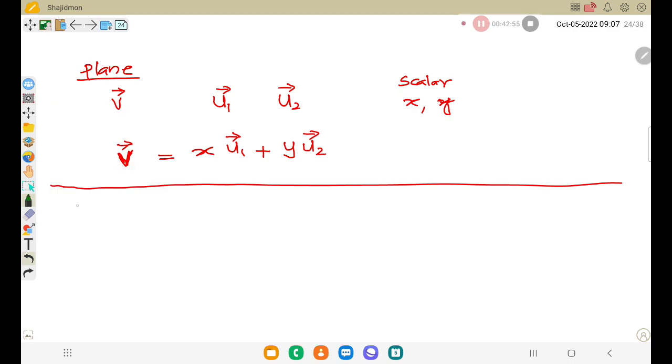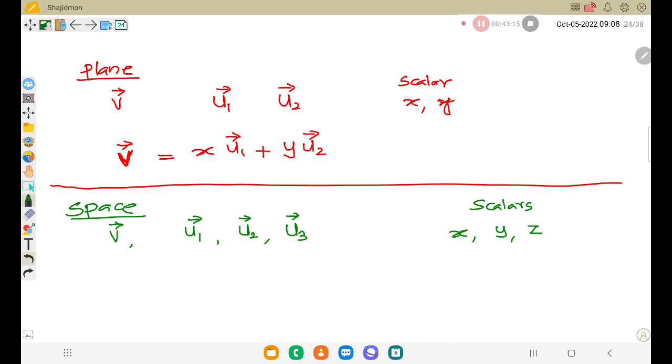Now same in space. If I am taking the vector v and other vectors u1, u2 and u3, any 3 vectors, now I am taking the scalars x, y and z. These 3 are scalars. Instead of k1, k2, k3, I am taking x, y, z.